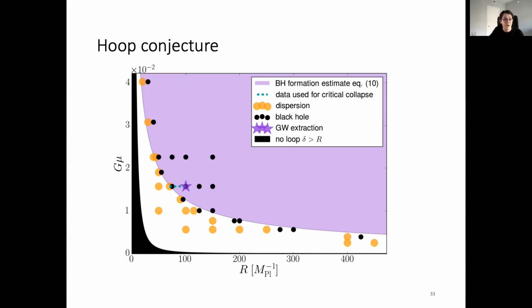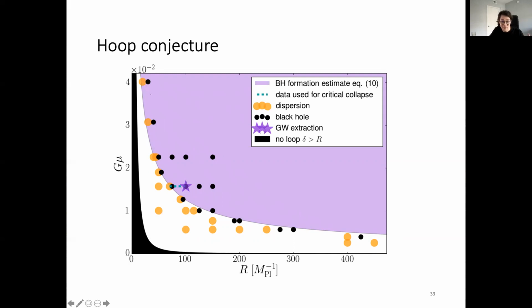And so you can see it here, the violet region is the region expected from the Hoop conjecture where you would expect to form black holes, and the yellow points are where we have dispersion, where we do not form black holes.